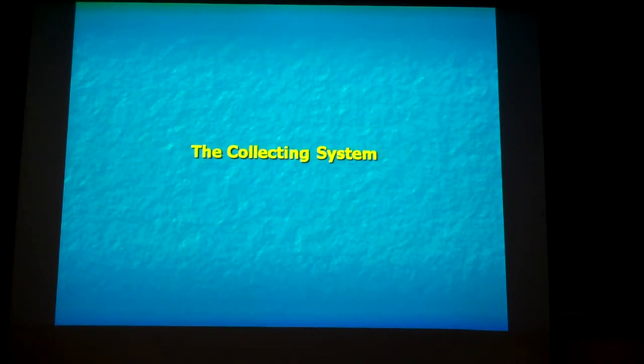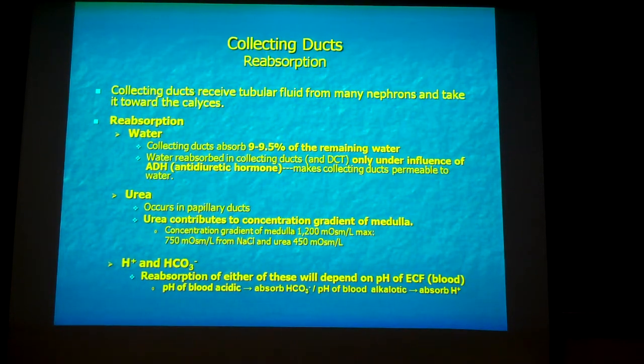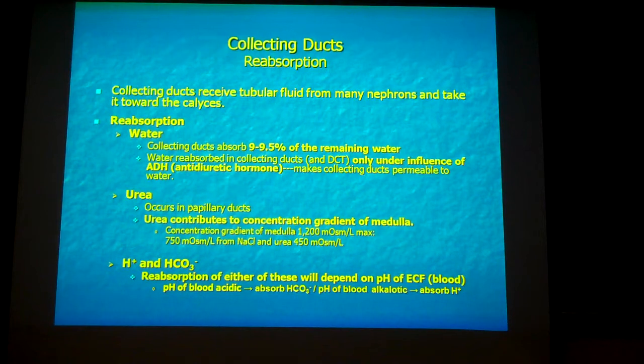All right, that brings us down to the collecting system. In the collecting system, we can both reabsorb and secrete. So, these collecting ducts are receiving tubular fluid from many nephrons. We've seen this.